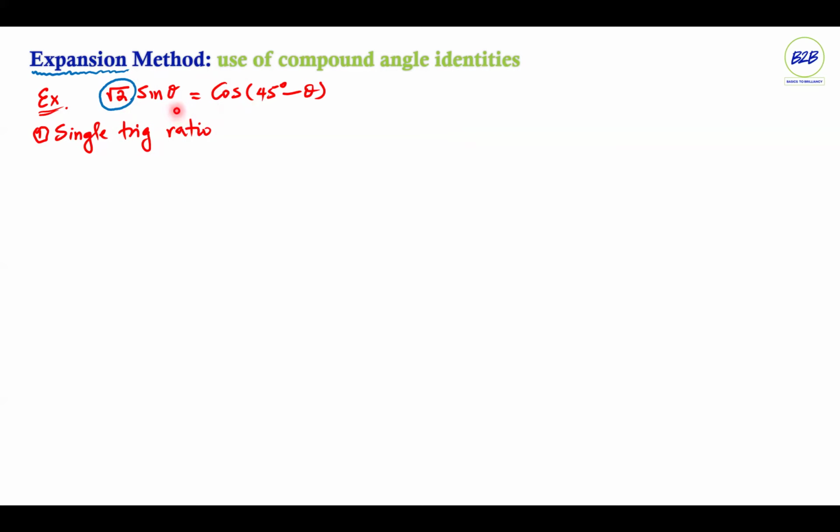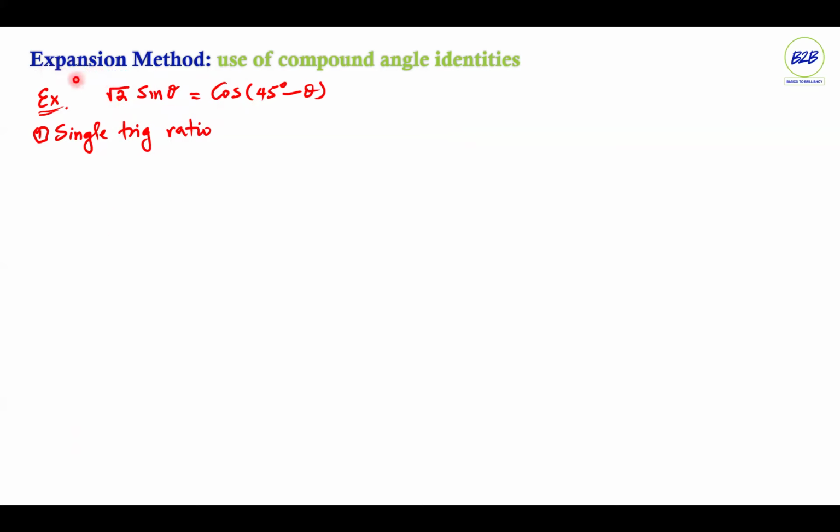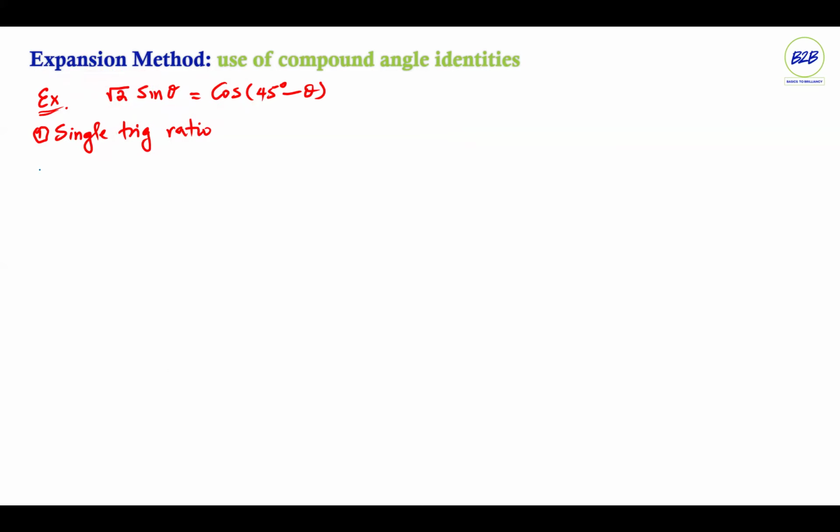So in this case, therefore, what can we do? We then apply what we refer to as the expansion method. So how does it work? We say, okay, we keep the root of 2 sine theta equal to cos of 45 degrees minus theta.